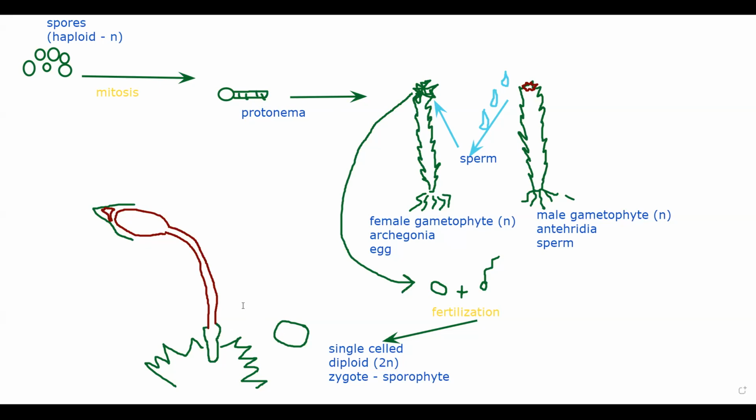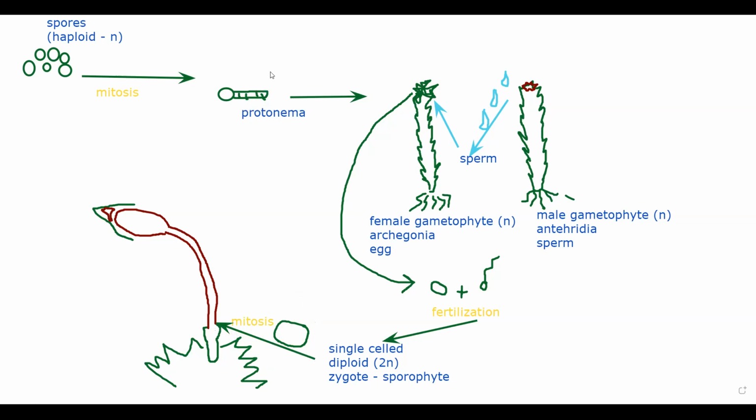So just want to clarify that the sporophyte is undergoing mitosis to grow into this stalk and fully mature.